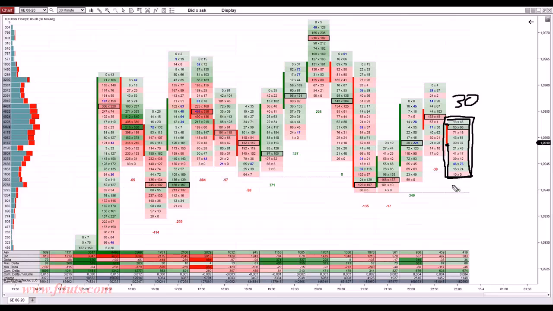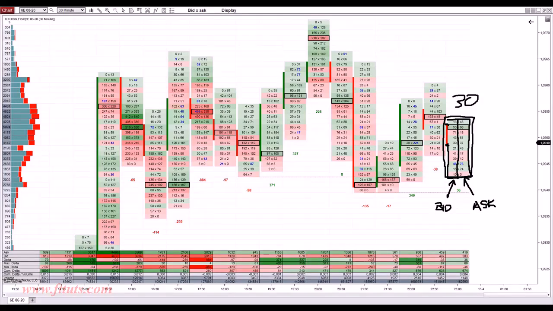The volumes which got created and traded on the bid side are in here, the left side, and the volumes which got traded on the offer are on the right side. So this footprint shows the volumes which got traded in the last 30 minutes on the bid and on the ask side.